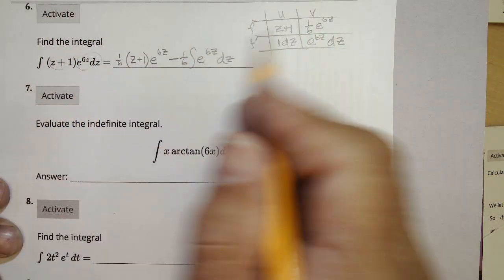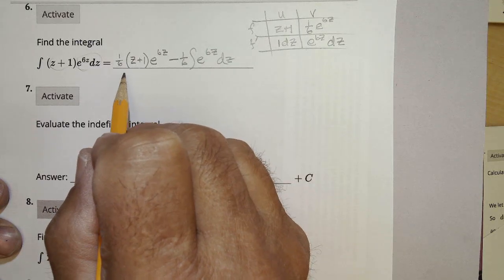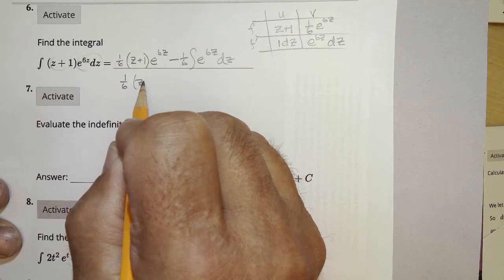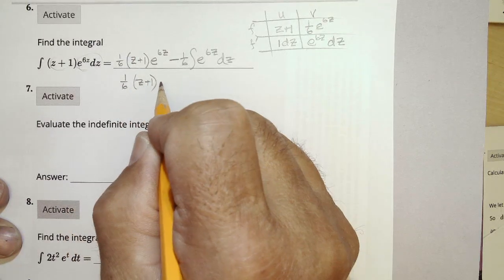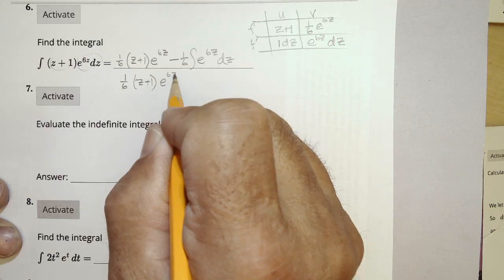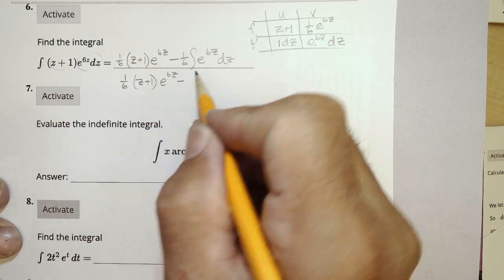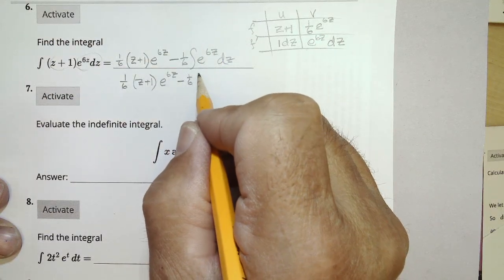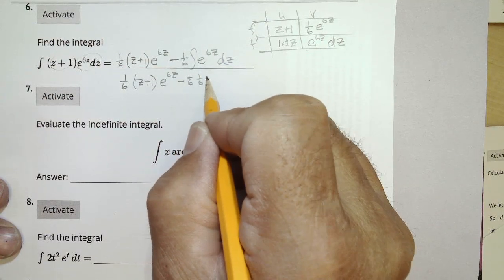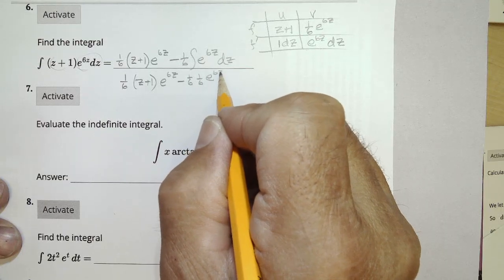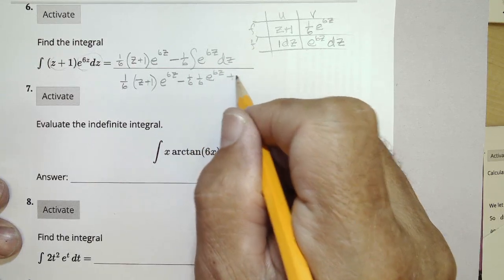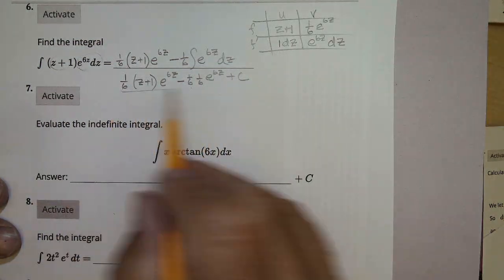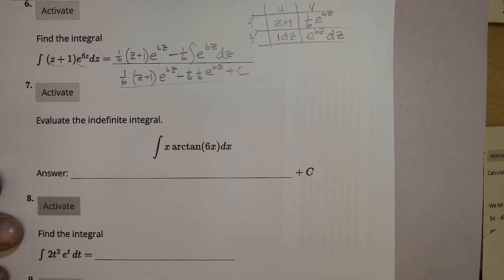Now I can factor out the 1/6, but I'm not going to. I'm just going to write 1/6 z plus 1 e to the 6z minus 1/6, and the antiderivative of this is going to have a 1/6 e to the 6z. So this would be 1/36 e to the 6z, and that would be all I would change if I factored it.